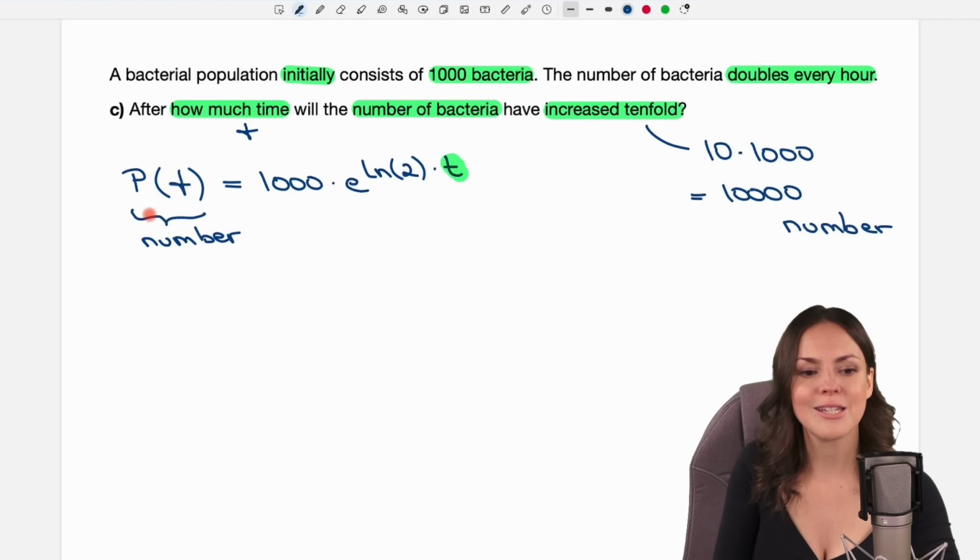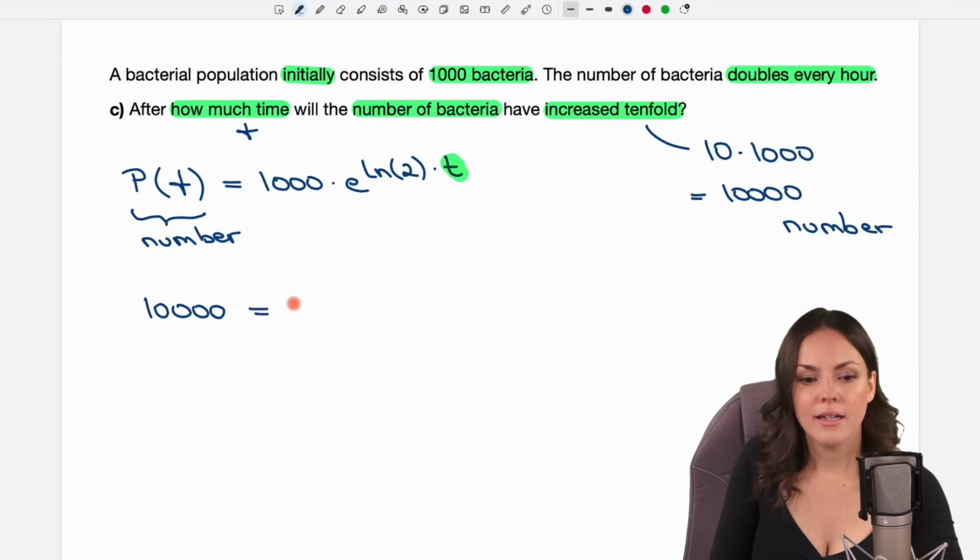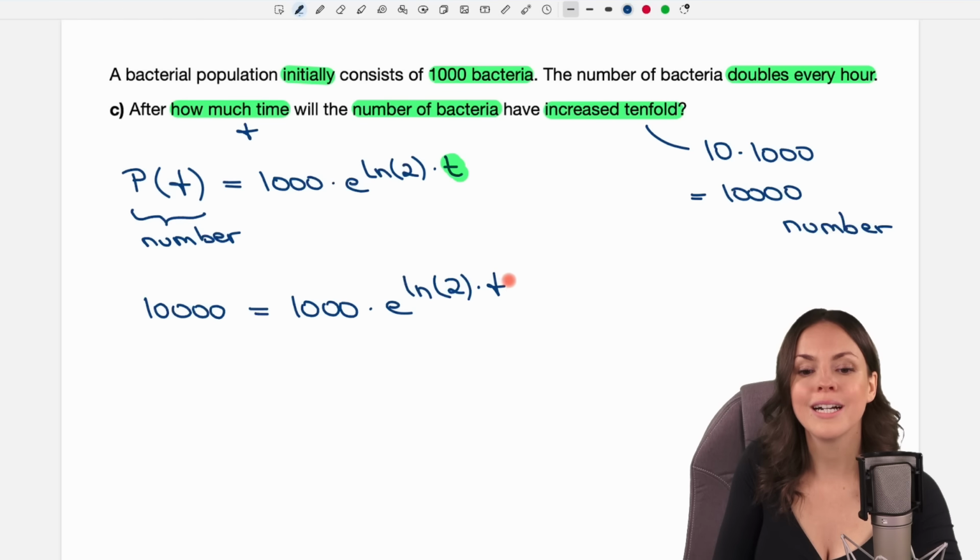We have to insert it into this expression here. So instead of the left side, we're going to have the 10,000 bacteria. And we write everything else down because we are looking for the time. We want to solve this equation now for t.